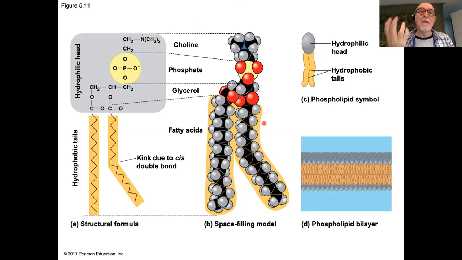Well, let me just use this diagram down here. It's going to dissolve its hydrophilic heads in the water, and it's going to have its tails sticking out of the water. So it's going to form a film on the surface of the water. Hydrophilic heads dissolved, tails pointing out to get away from the water.